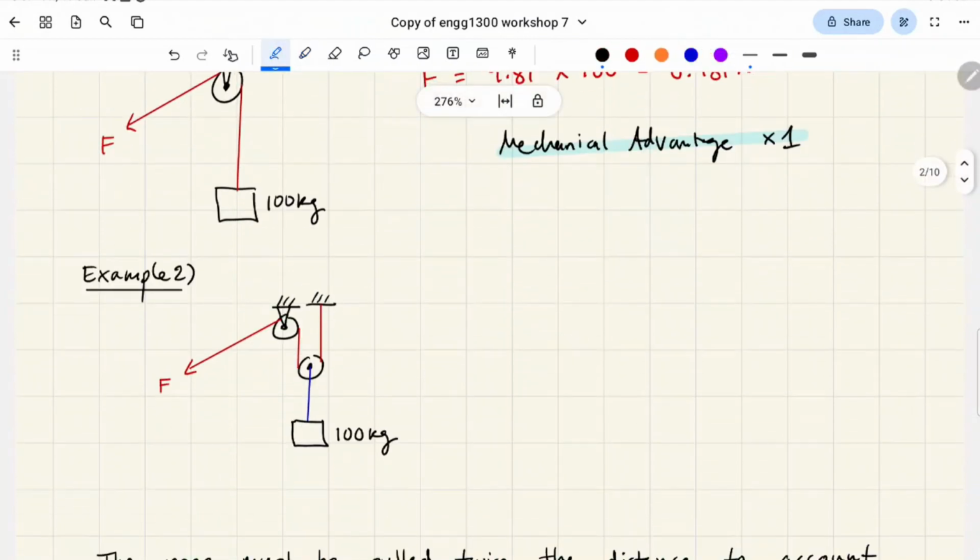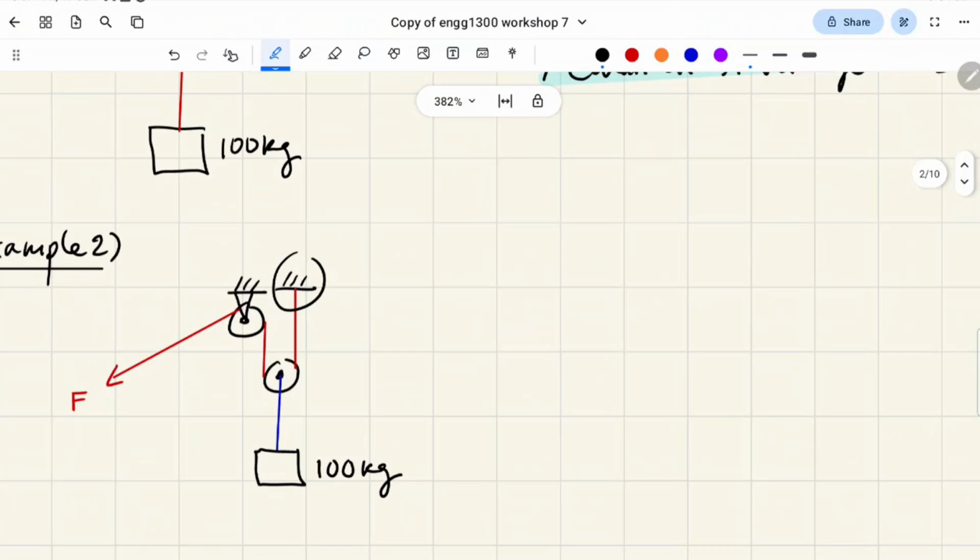However, in this scenario, we have a rope that's fixed to the wall, and it's attached to this moving pulley, and then this is a fixed pulley this way, right?